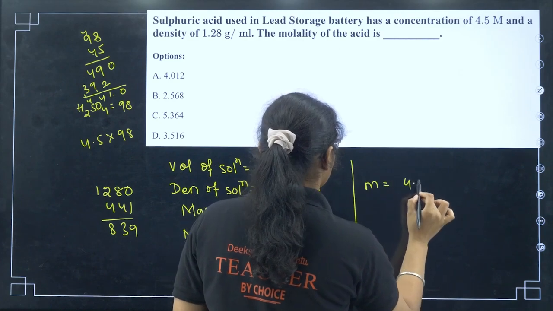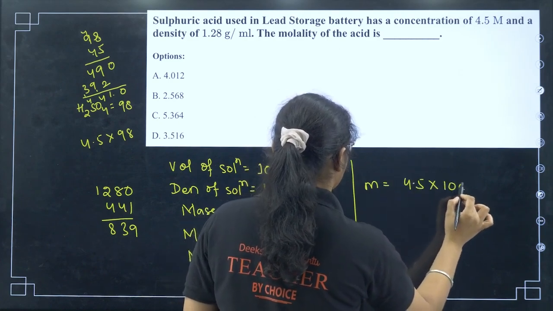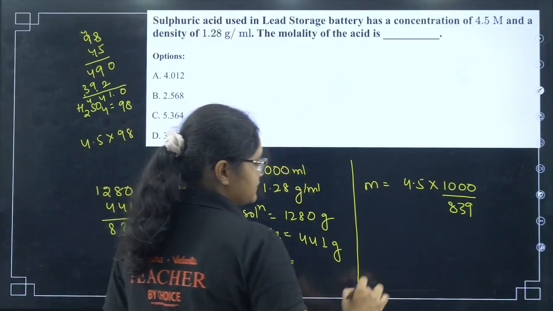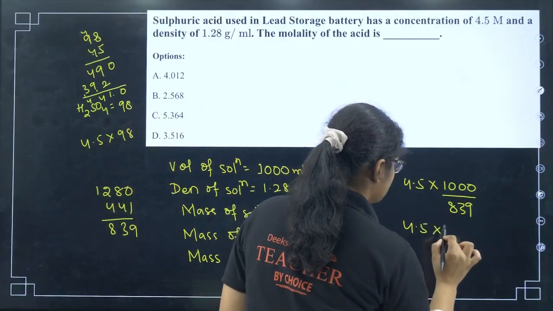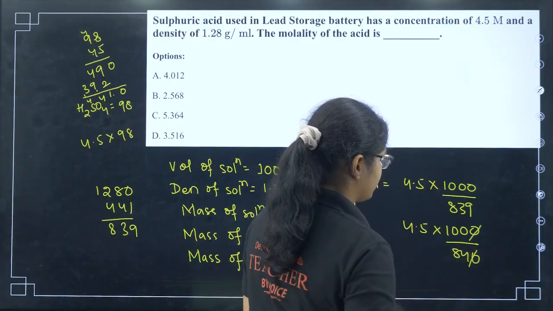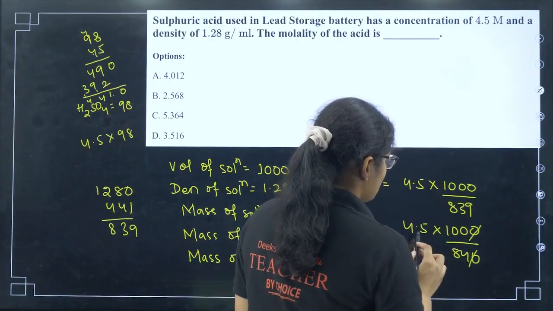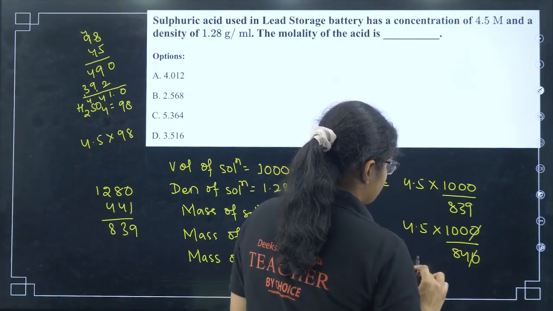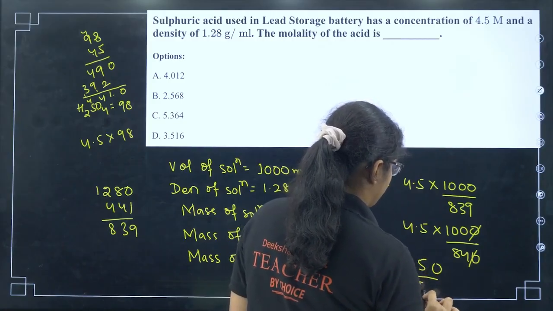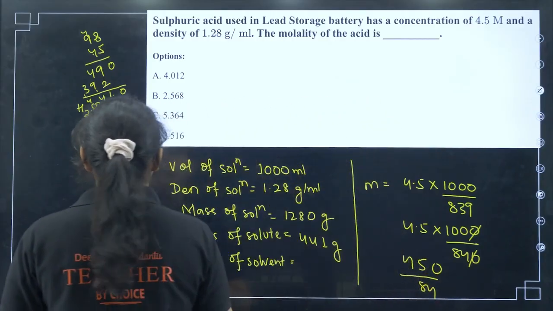The number of moles is 4.5 divided by 1000 divided by 839. I can make this 840 for easier calculation, so I get 450 by 84.